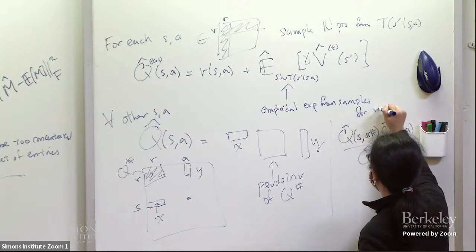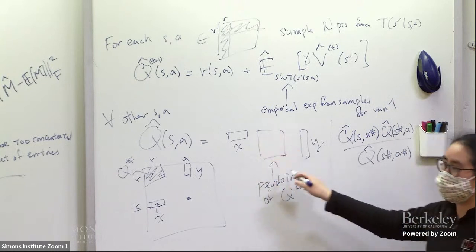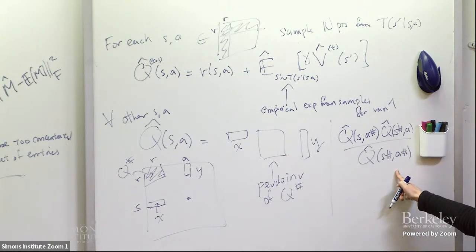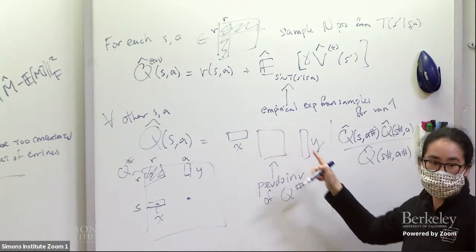So for rank 1, this pseudo inverse just means that you're dividing by the corner points. And these two points are these two, X and the Y.